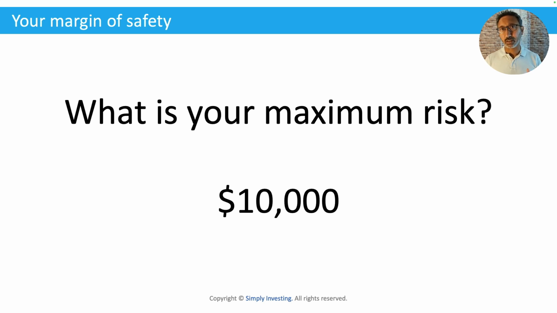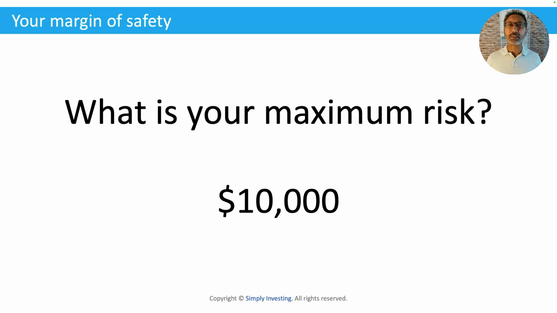We've seen in the past, this has happened with companies back in 2008, 2009. Washington Mutual was a good example where the company just went bankrupt. The shares were worth nothing. Again, I'm going to repeat what I said before. The amount that you invest in an individual stock or a mutual fund or an index fund or an ETF, initially, that is the amount of money that is at maximum risk. So the most you can stand to lose here in this example is $10,000.